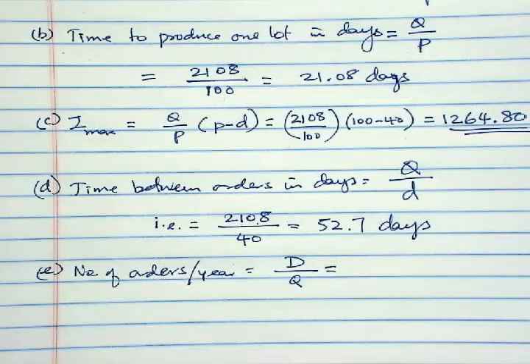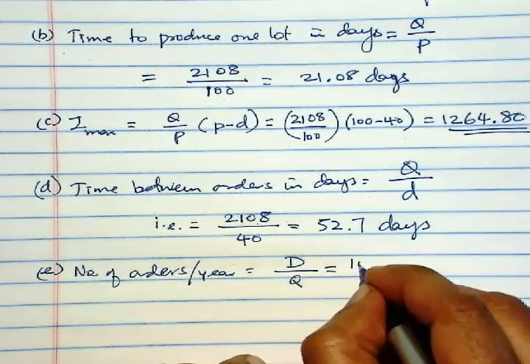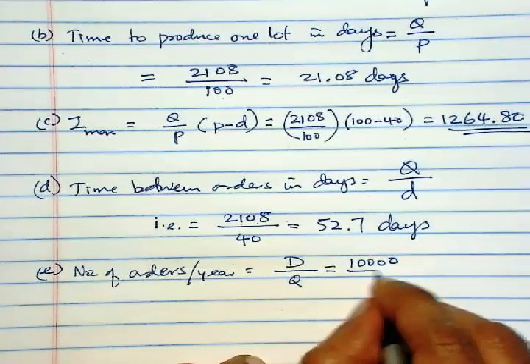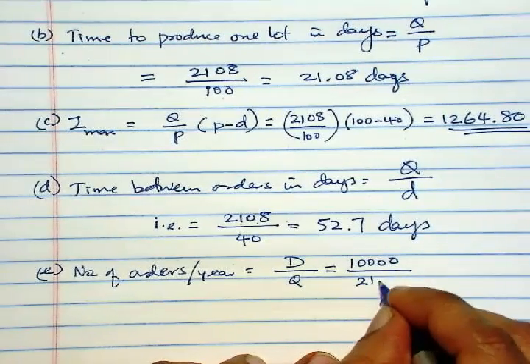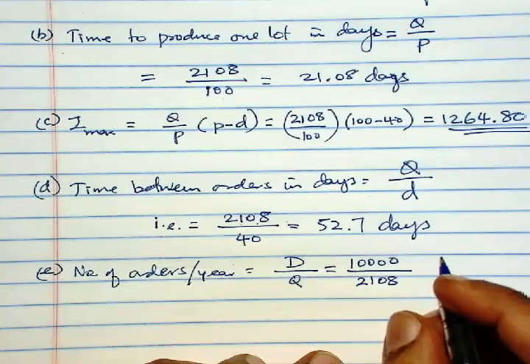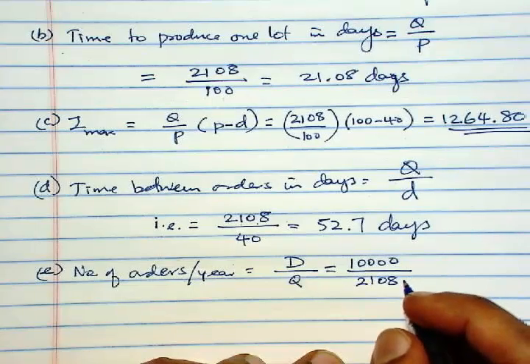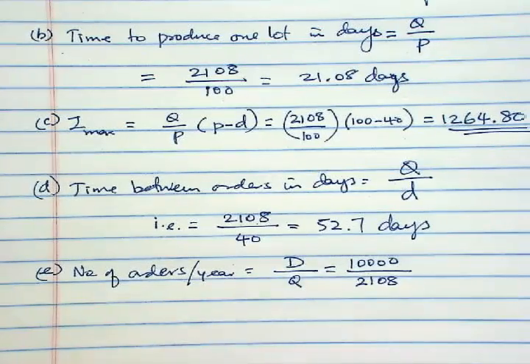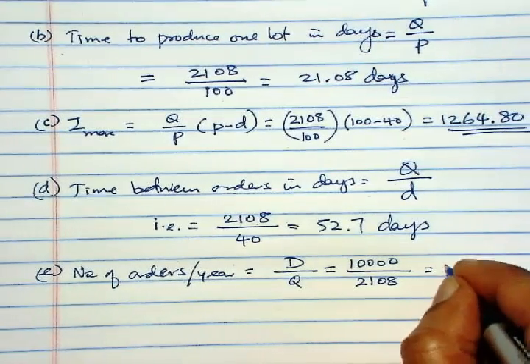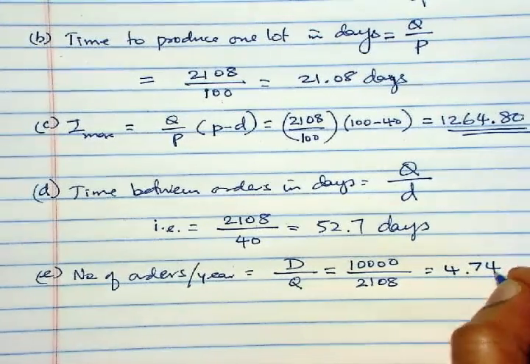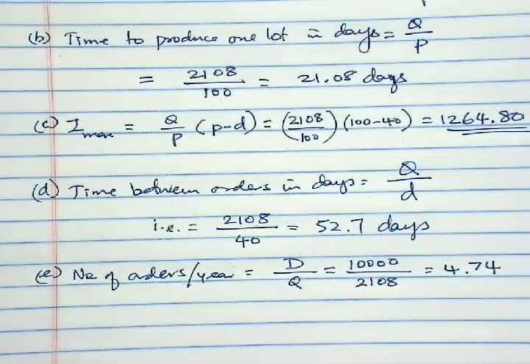So that will be 10,000 is the annual demand, and we're going to order at the rate of 2108 every time, and that will give us the number of orders we have to place. So that will be 4.74 orders per year on the average.